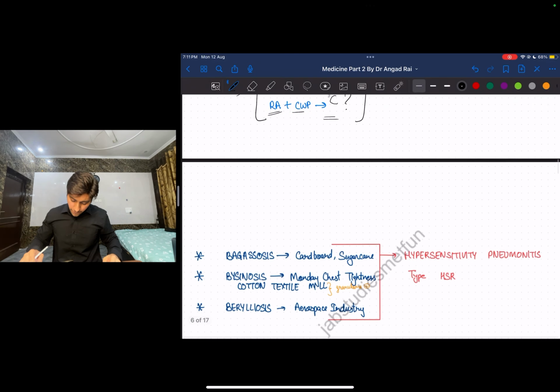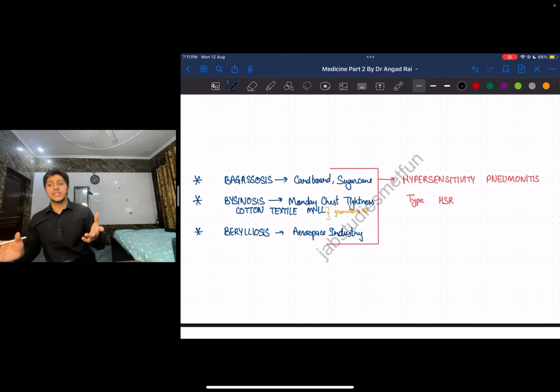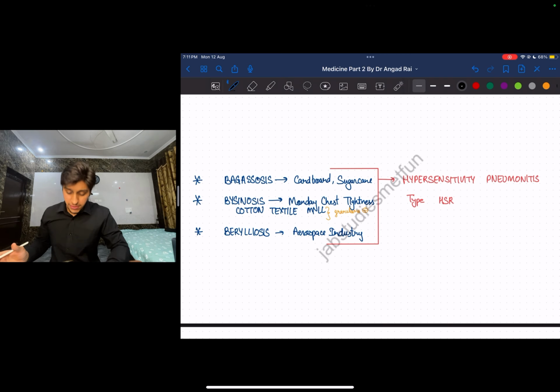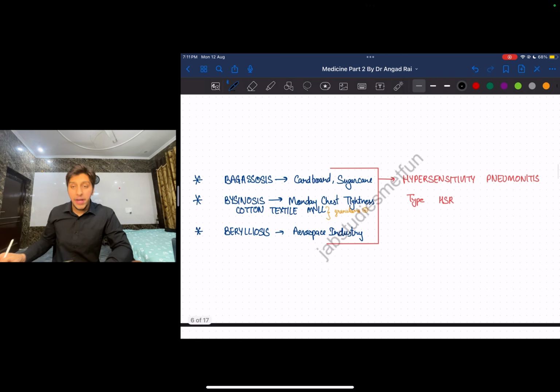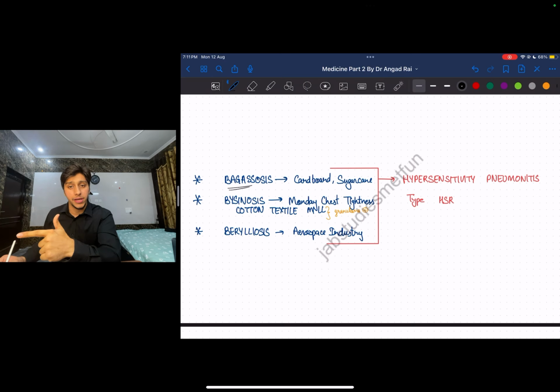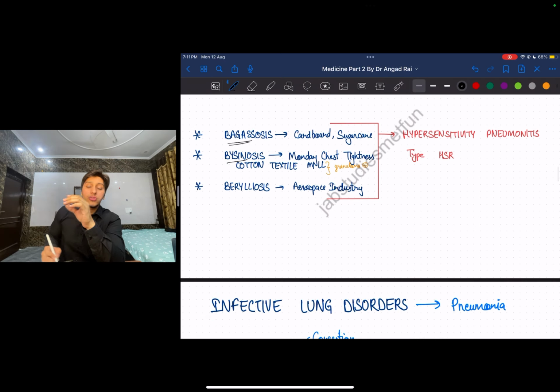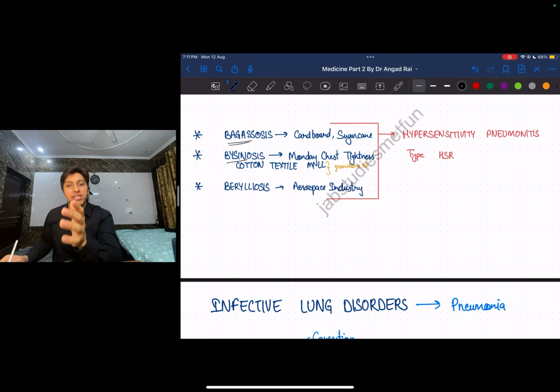Next, guys, we will be talking about the other hypersensitivity pneumonitis. One is bagassosis. Remember, bagassosis is with respect to what things? It is caused by cardboard and sugarcane. Byssinosis is because of cotton or textile industries, and granuloma formation takes place over here. Byssinosis is also known as Monday chest tightness.